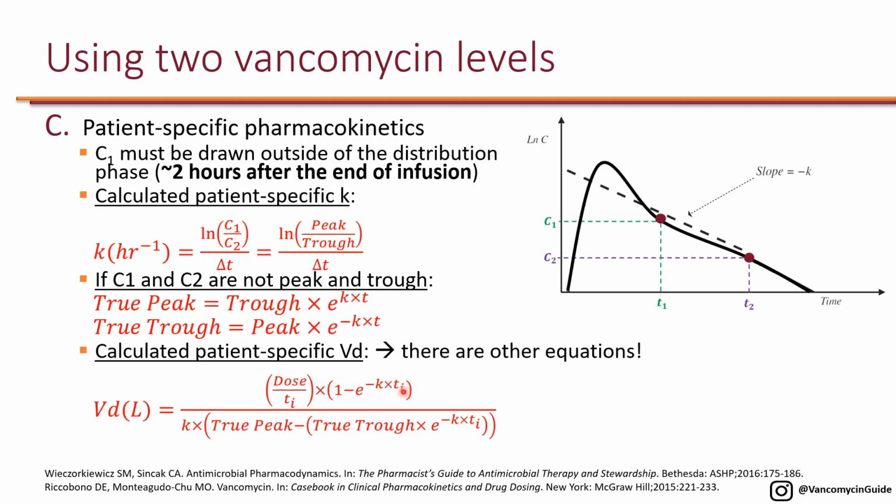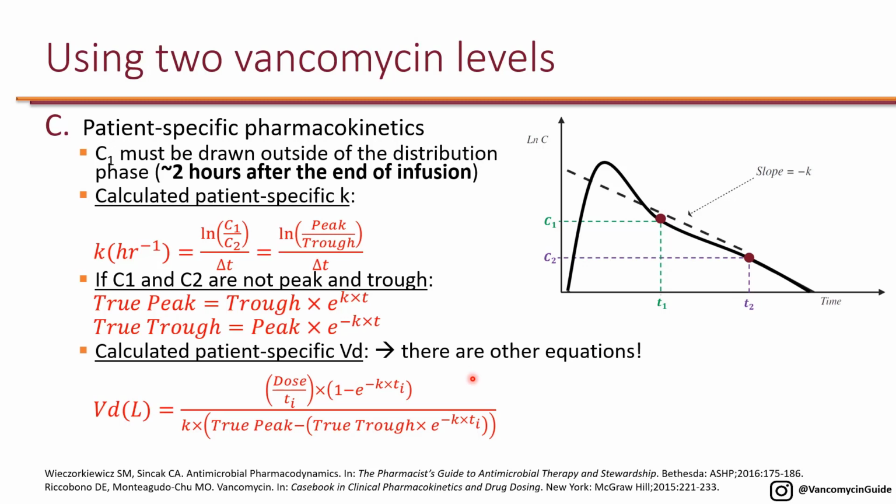Then we divide that by k times the true peak that we just calculated minus the true trough times e to the negative k times Ti. Again, this is the time of infusion corresponding to the dose that the patient received before drawing these two levels.